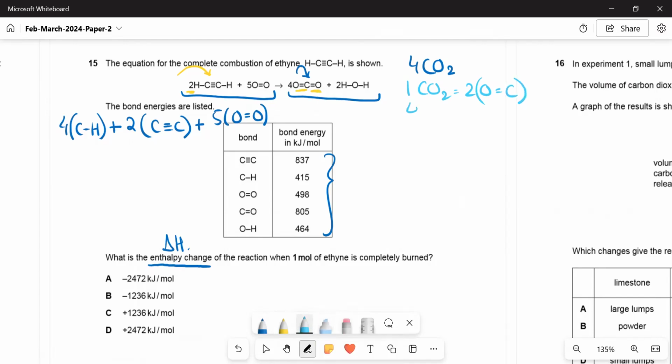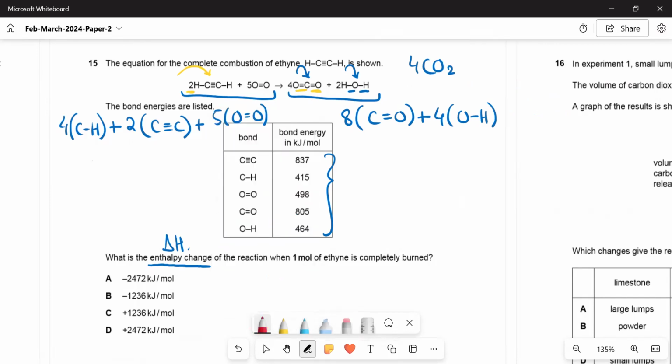So in 4 carbon dioxide, there will be 8 C double bond O bonds. Plus in the water molecule, there are 2 water molecules. In one water molecule, there are 2 O-H bonds. So in 2 water molecules, there will be 4 O-H bonds. It is like this.